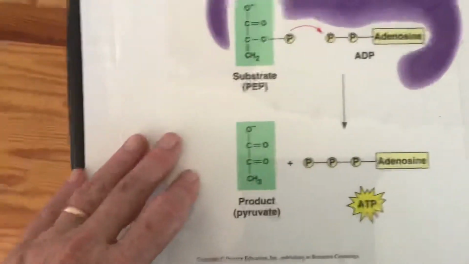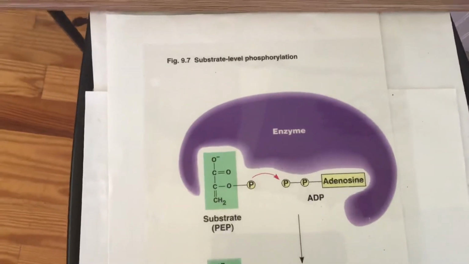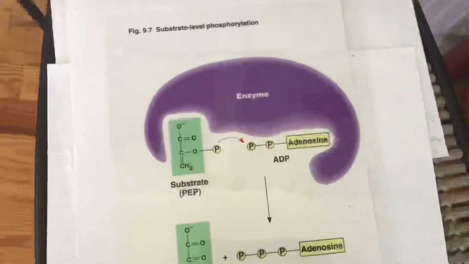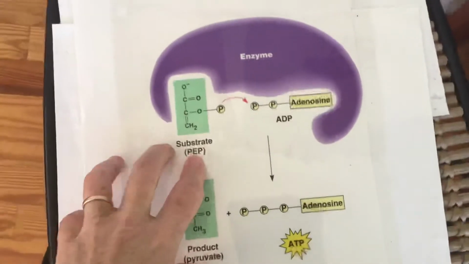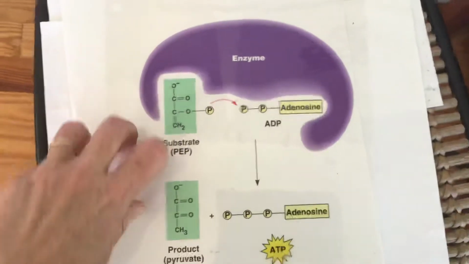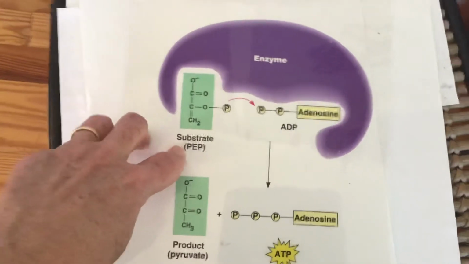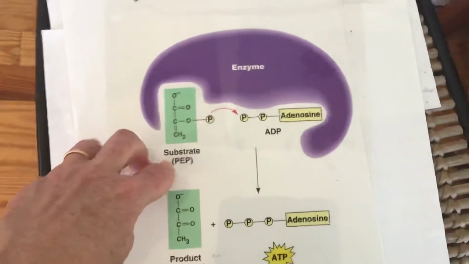Another thing that you need to know is something we call substrate level phosphorylation. This happens in some cases where an enzyme is going to take some substrate. In this case, it's this molecule called PEP, and later I'll show you what that is.